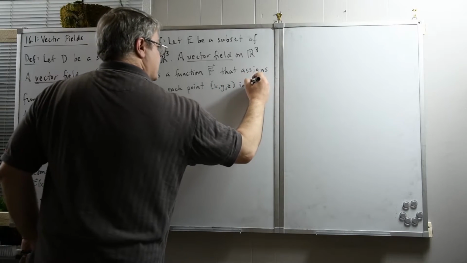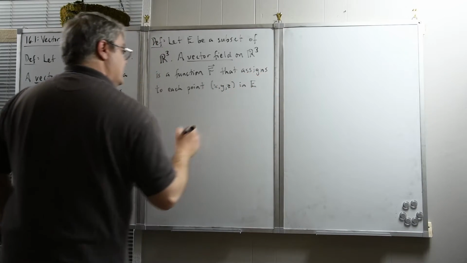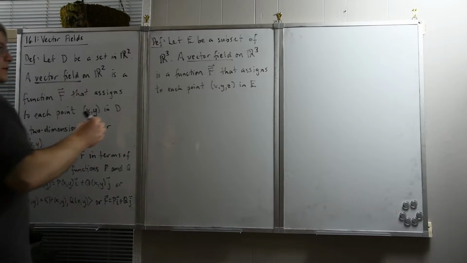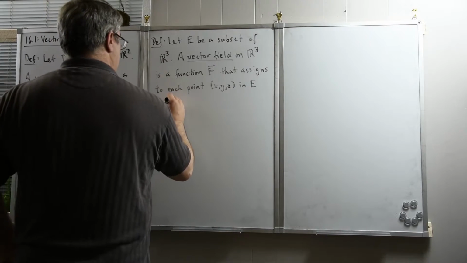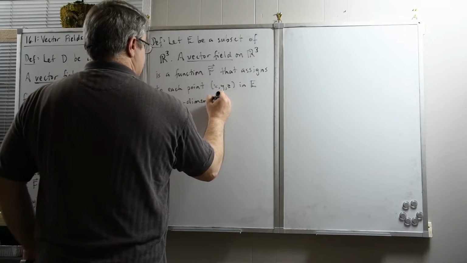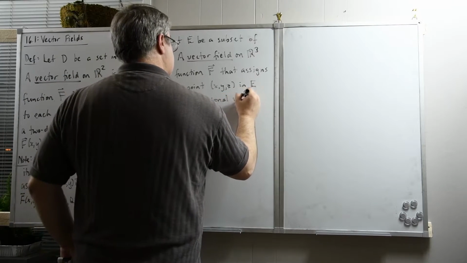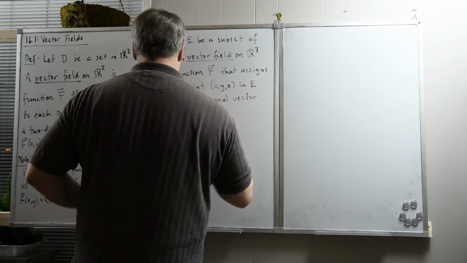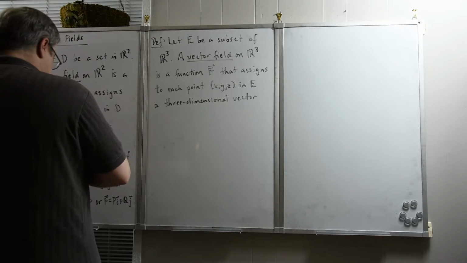But this F is going to assign to each point x, y, z in E a 3-dimensional vector that we're going to call big F of x, y, z.